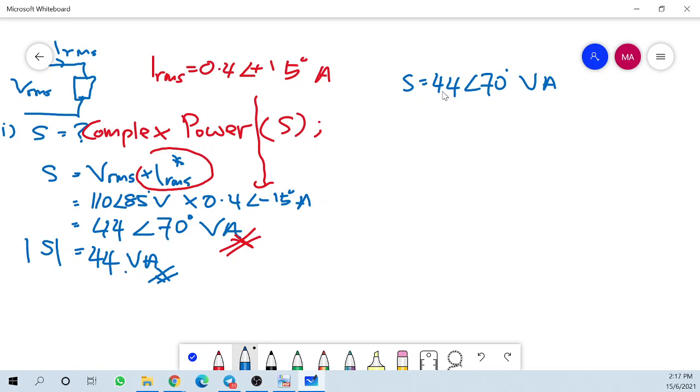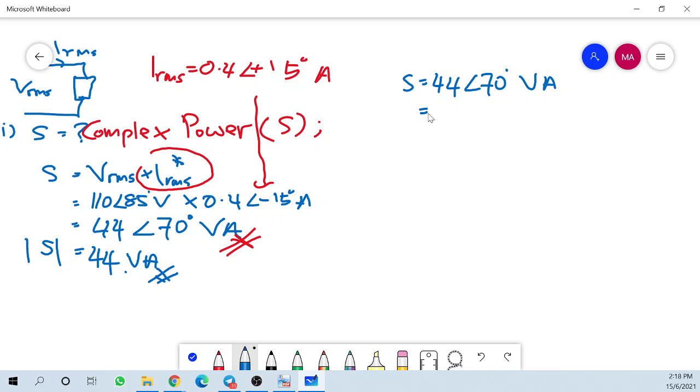This S actually is in polar form, so we can convert to rectangular form, which means we have information of real number and imaginary number. You can use your calculator to convert. Ada masalah tak untuk convert daripada polar form to rectangular form? Kalau ada masalah, bagi tahu saya.